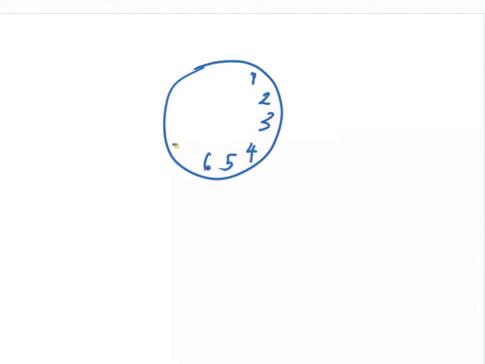So let me just draw up a bit of a clock here for you. We've got 1 o'clock, 2 o'clock, 3 o'clock, and so on. And now instead of 12, I'm just going to put 0. Like if you start off the day at midnight, that'll be 0 hours, and then 1 a.m., 2 a.m., 3 a.m., and so on.